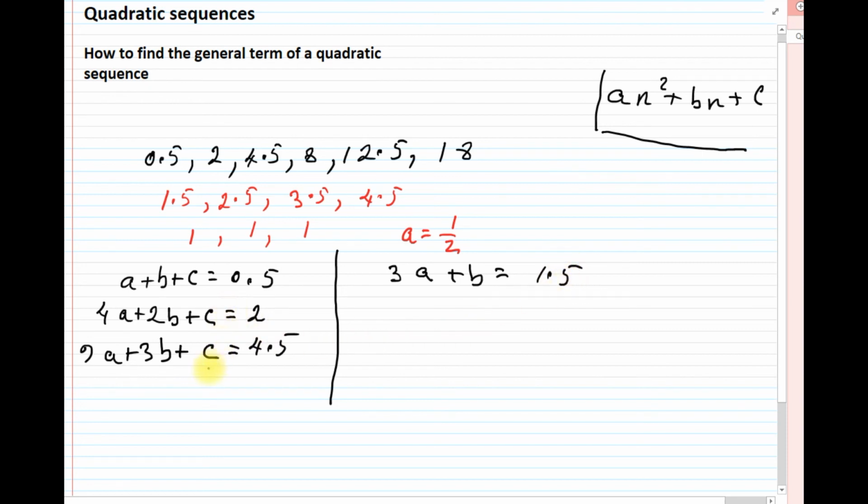If I subtract the third one, the bottom one, from the middle one, I get 5A plus B is equal to 2.5. And now, with these two equations, I subtract the top one from the bottom one, I get 2A is equal to 1, which gives me A is equal to half.